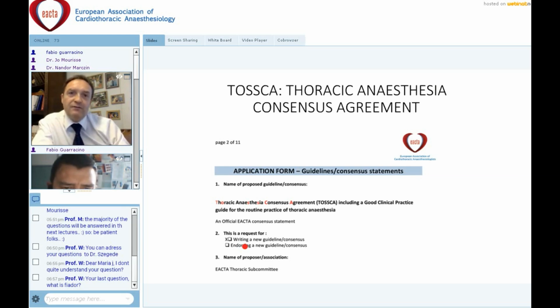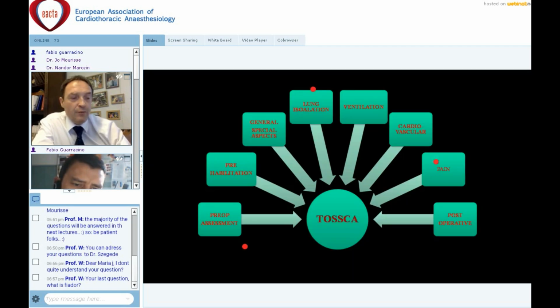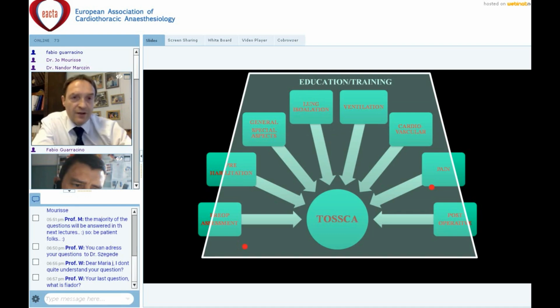Obviously, airway management is a major part of the domains of this process, and this working group will be led by our friend Manuel Granell from Valencia, and all of today's speakers will contribute to the deliverables. The major outcome will be a good clinical practice guide for routine use, but we will also be discussing educational and training aspects for competencies and prioritizing scientific plans for our near future activities.